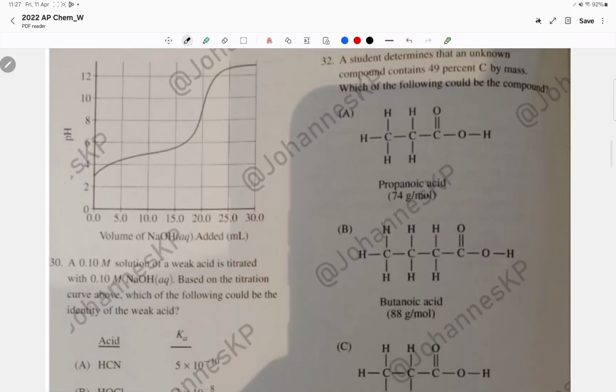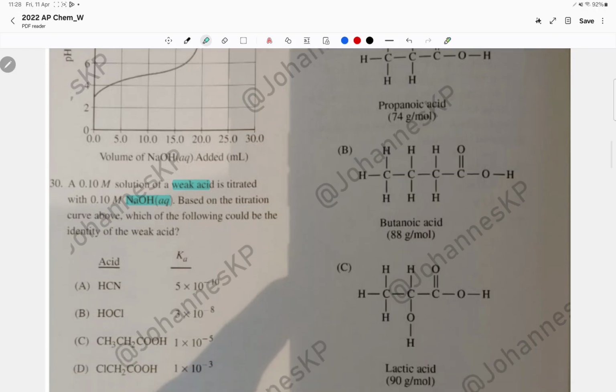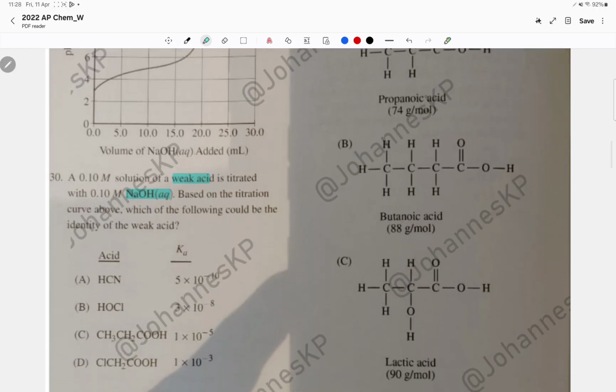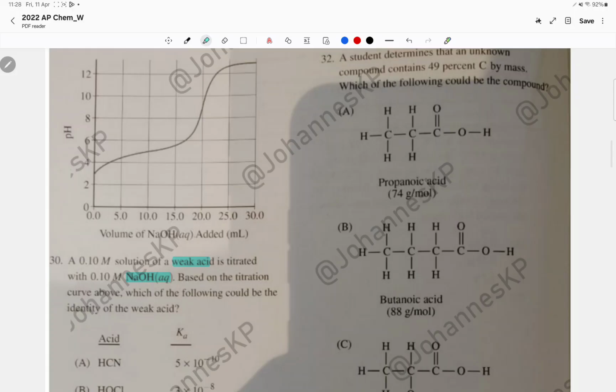So, here we have a weak acid and a strong base. So, what is this weak acid? Okay. Look, if you have a weak acid with a strong base, you can have something called the half equivalence point. And the half equivalence point happens at half the volume of the equivalence point.